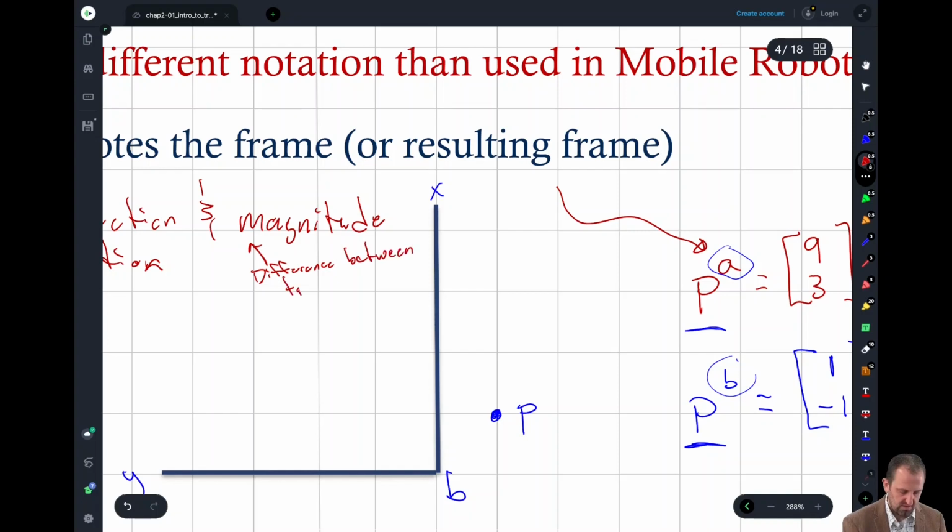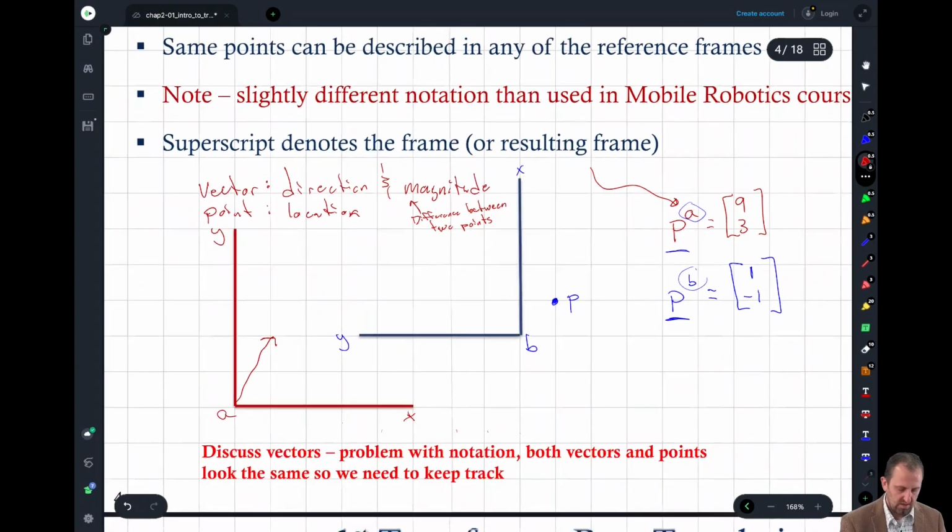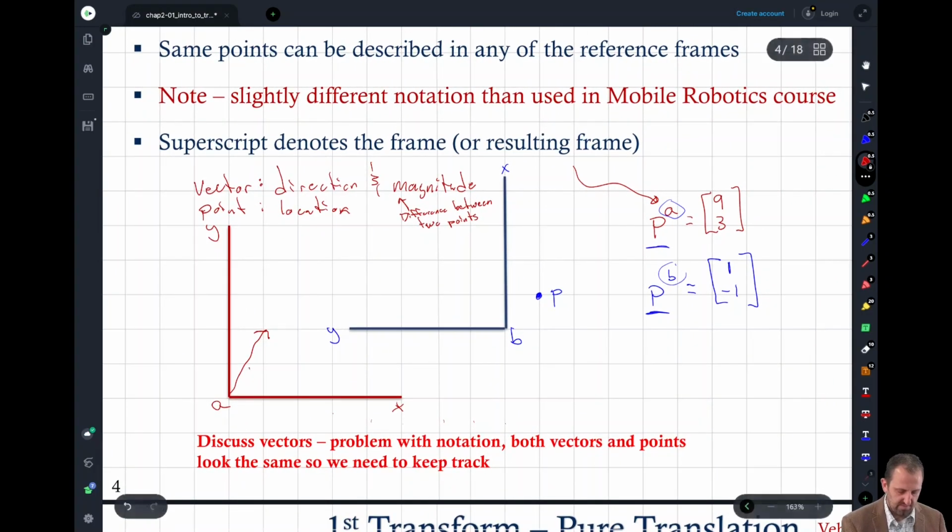So now I've drawn a vector v, and I've drawn it in the A frame. So again, we're using that superscript to denote the frame. I could draw down the same exact vector in the B frame, and it's going to keep its same direction and magnitude.